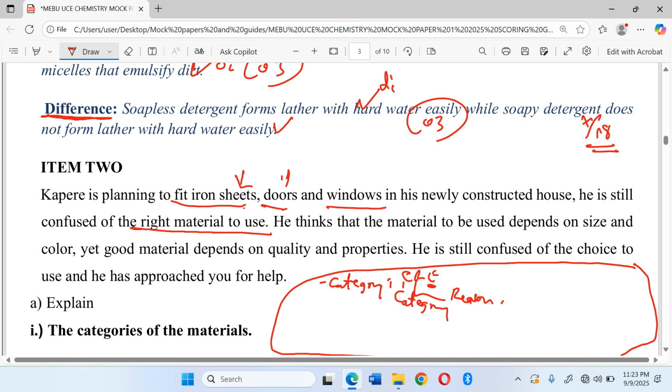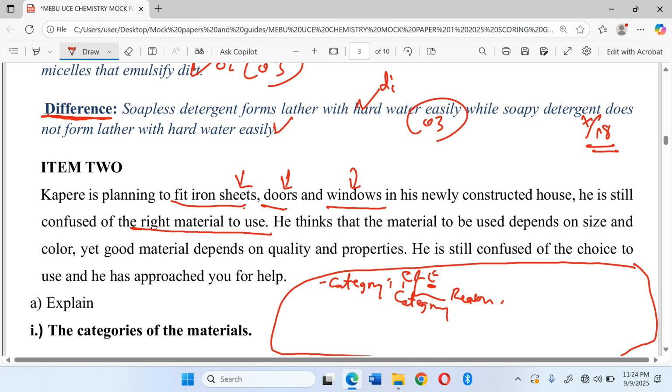Working on iron sheets, the doors, and the windows. He thinks that the material to be used depends on size and color, when good material depends on quality and properties. He is still confused of the choice to use, and he has approached you for help.